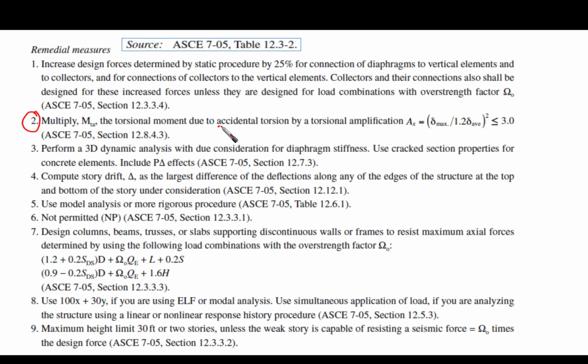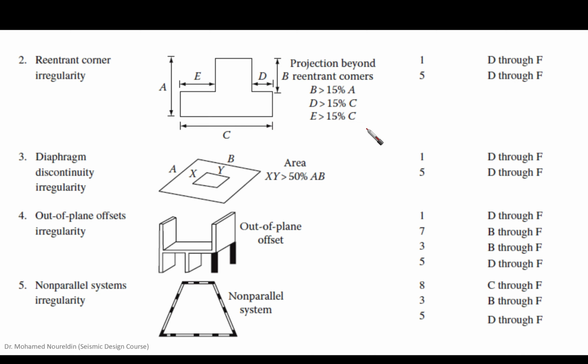This is something we're going to talk about later. Accidental torsion is a mandatory kind of torsion that is going to be applied on our system. We need a torsional amplification factor. No need to go into the details now, just know that a kind of torsional amplification is going to be used in this case.